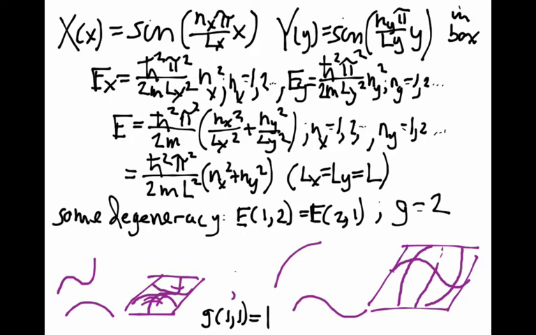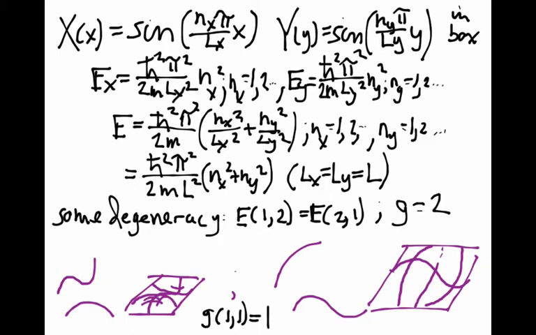However, there are other cases, like the 1, 1 case, where there's just one state: nx equals 1 and ny equals 1 for that energy. So in this case, there's a distinction between energy levels. The 1, 2 or 2, 1 each have the same energy level. The sum of the squares of the quantum numbers there is 2 squared is 4, 1 squared is 1, so the total is 5.